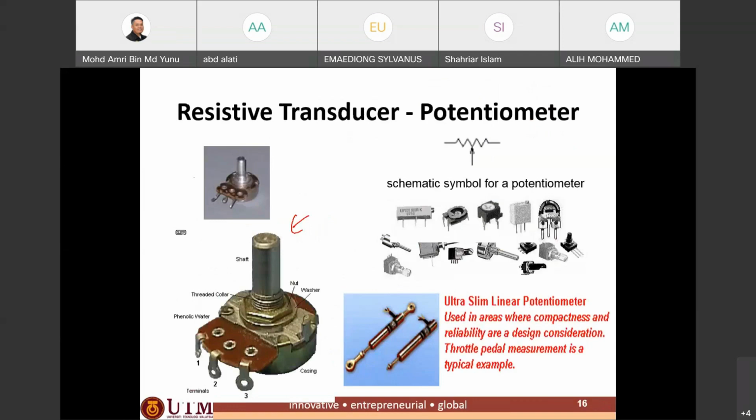These are the types of potentiometer that can be seen. They are regular size. This one is the angular potentiometer, or displacement potentiometer. There are small package potentiometers, and then even smaller packages.